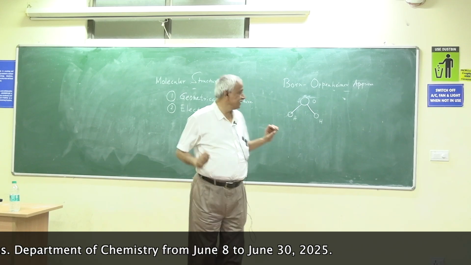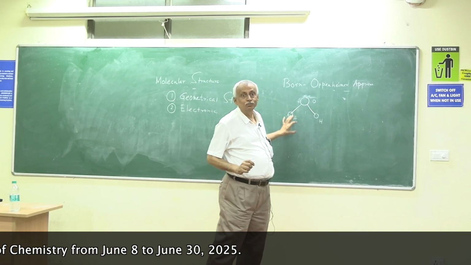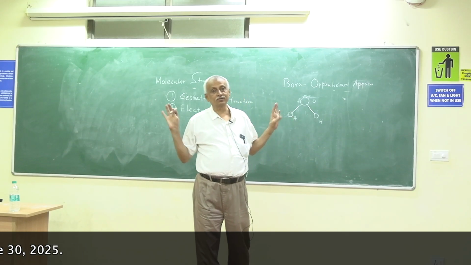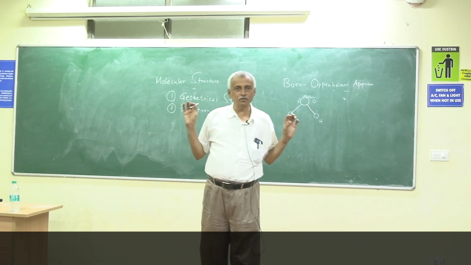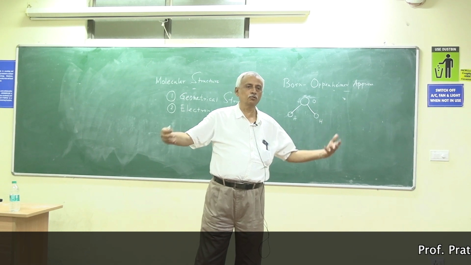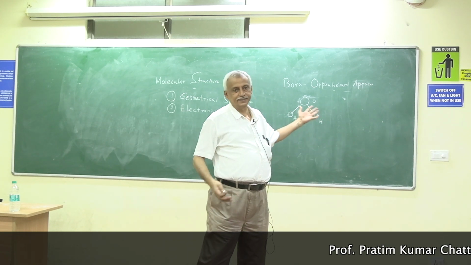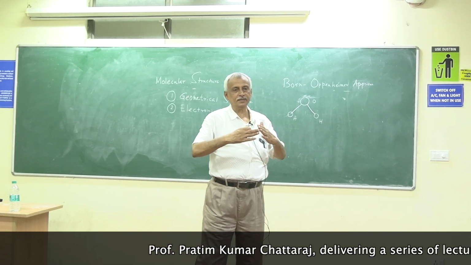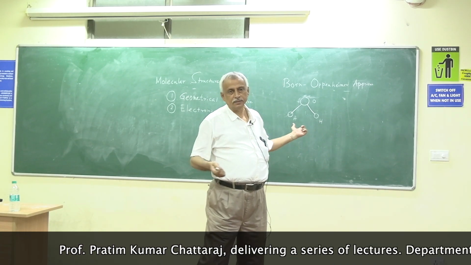Here you can see these are the nuclear positions. You don't bother about where the electrons are. Whenever we talk about this geometry, you talk about the molecular point group and symmetry, like this is a C2v symmetry. In order to have the C2v symmetry, you must have this particular arrangement.